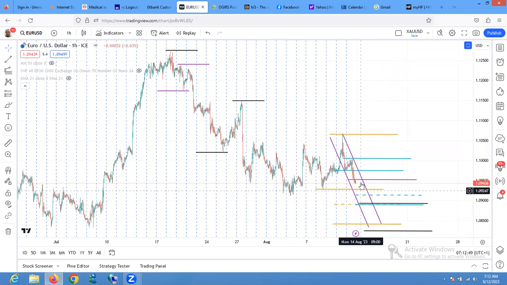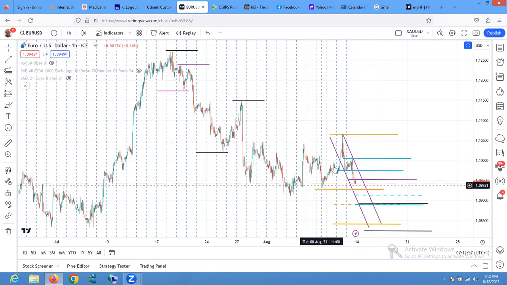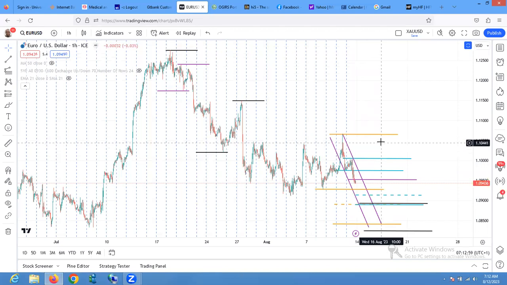If we have the first correction, the 7th correction to the upside, that will be a 1, 2, 3, 4, 5, 6, 7 swing, and we are turning down. That is when we are going to break down.